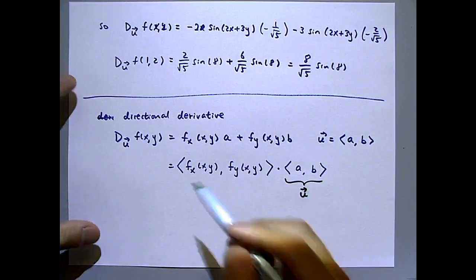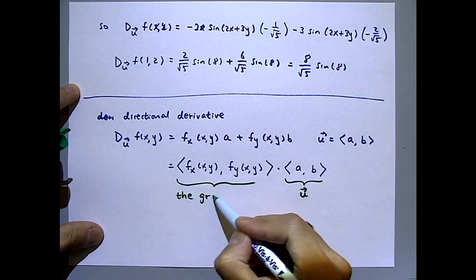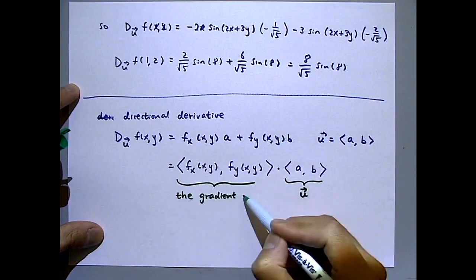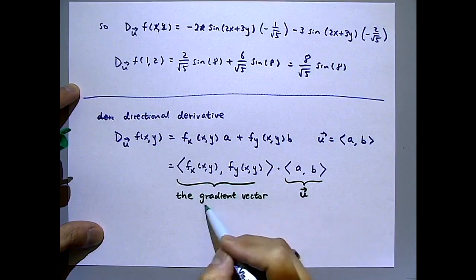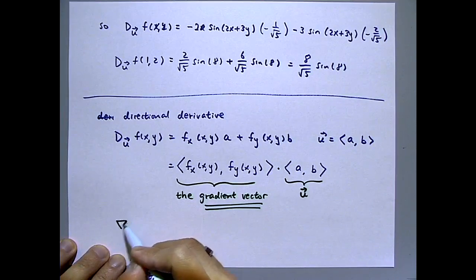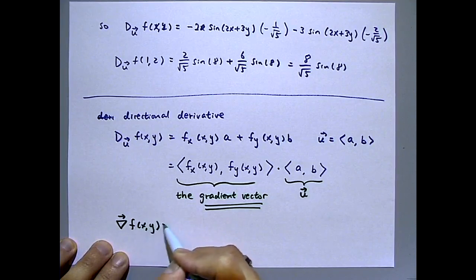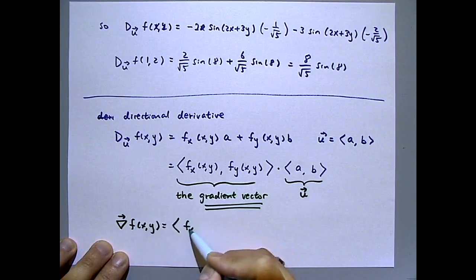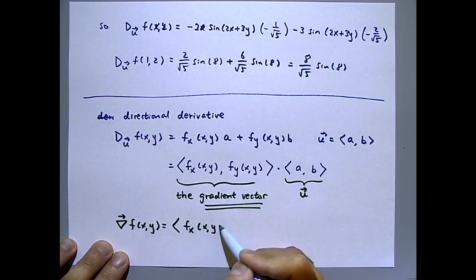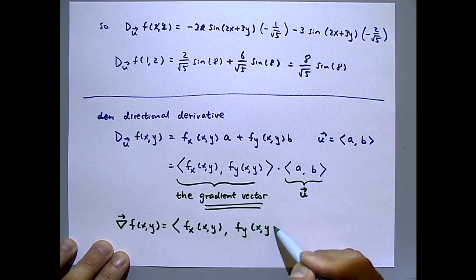This guy here, we call this the gradient. This is the gradient vector. And for the gradient vector, you write an upside-down triangle. It's a vector. And by definition, it is the partial derivative with respect to x in the first component and the partial derivative with respect to y in the second component.